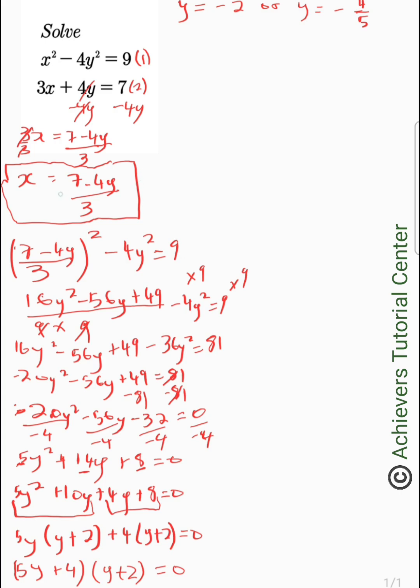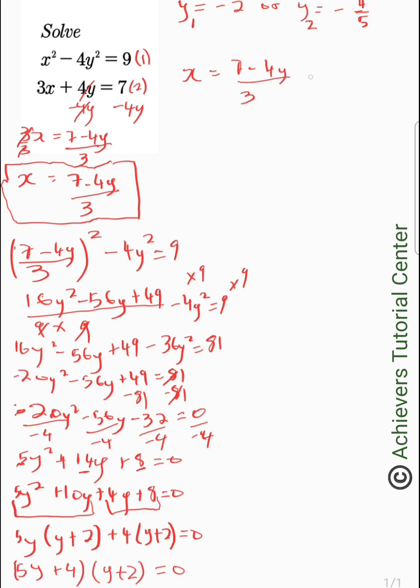Remember, I said this equation is going to be important. This one, x equals (7 minus 4y) divided by 3. So we are going to use it to find the values of x. Let's call this y1 and this y2. Let's substitute y1 into x equals (7 minus 4y) over 3.